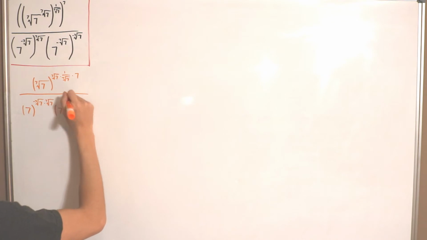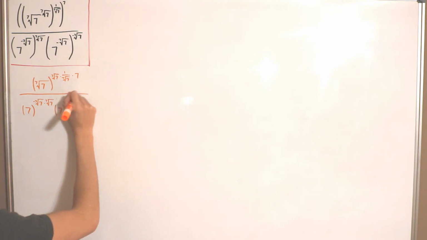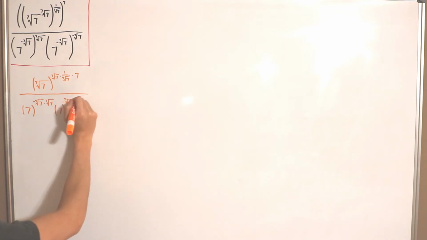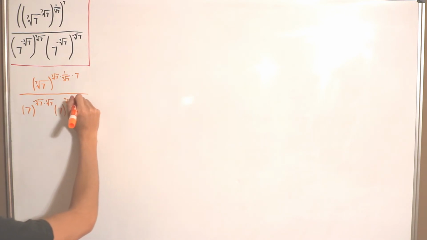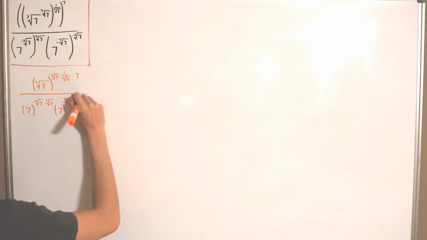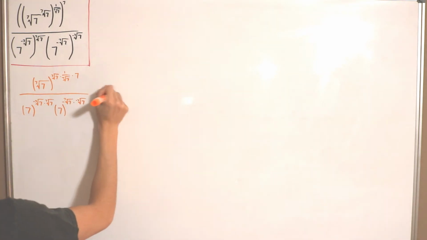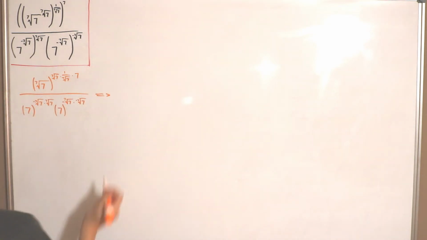Then the negative, the same thing as before: the negative 1 times the 7th root of 7, and then multiplied by the negative 7th root of 7. Now with this, we can actually do some multiplication with our exponents.